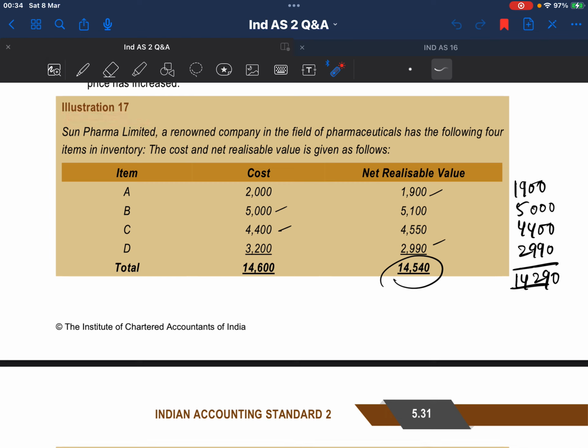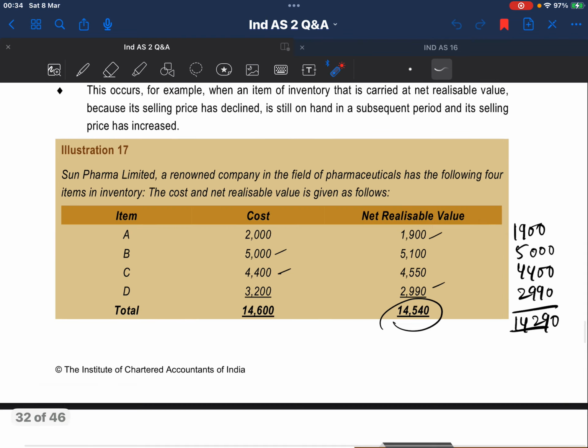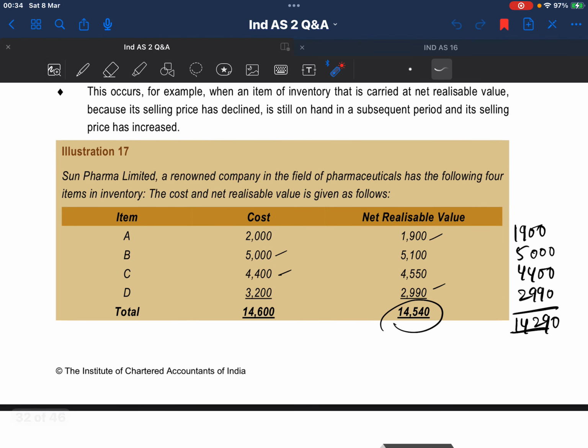Sun Pharma Limited, a renowned company in the field of pharmaceuticals, has the following 4 items of inventory: A, B, C, D, cost, NRV. On item by item basis, on group basis, on item by item individually, whichever is less is taken, which gives this, and also group wise, the lowest of the total group.